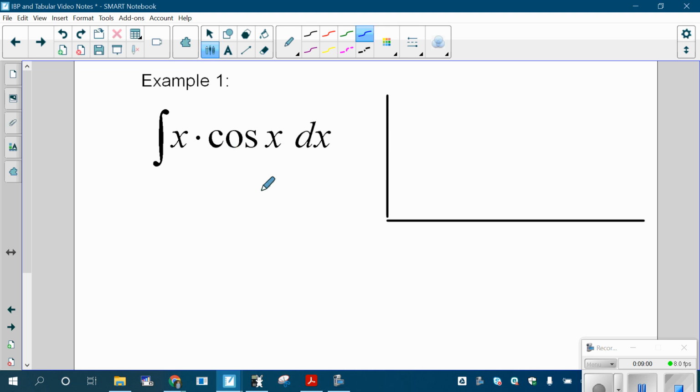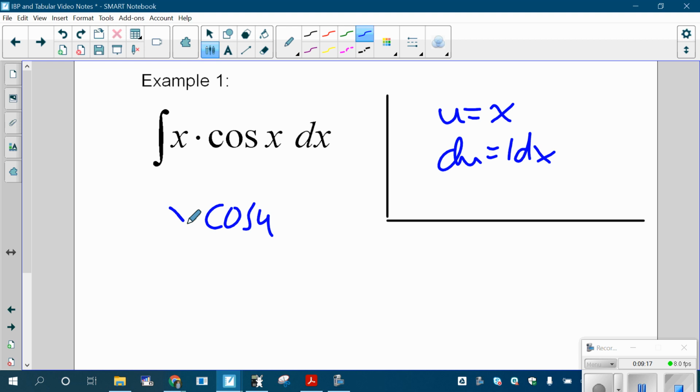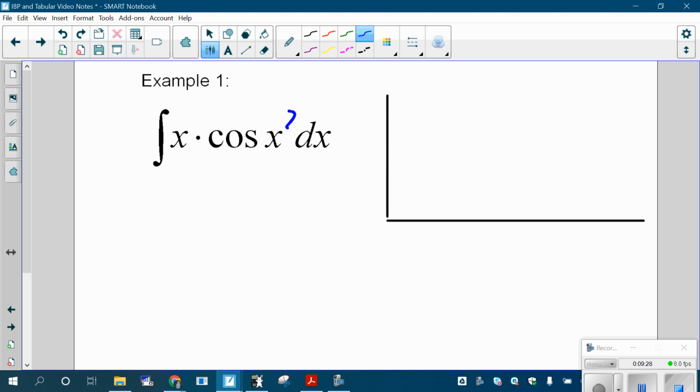Remember that u-sub stuff looks like a product too, but the difference here is that if I tried to do u-sub, don't write this down, I'd make u the inside part, so I'd make it x, and then du would just be 1 dx, and then I'd make it cosine of u, but I'd still have the x chilling there, and now I have u's and x's mixed, and I can't. So this isn't u-sub. So I need to use this integration by parts.